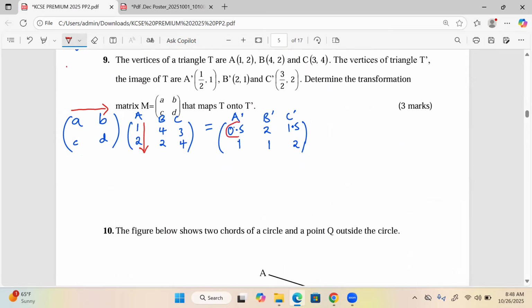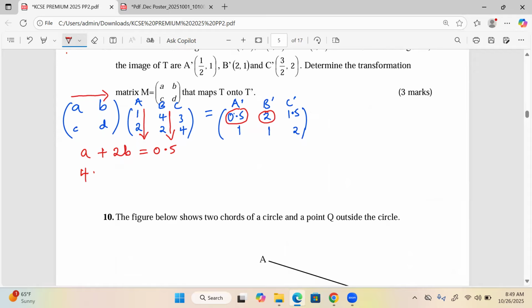This should give us 0.5 as one equation. We can also form another equation in terms of A and B. So the same row times the next column should give us the next term on the answer matrix. So 4 by A and 2 by B should give us 2, like that.